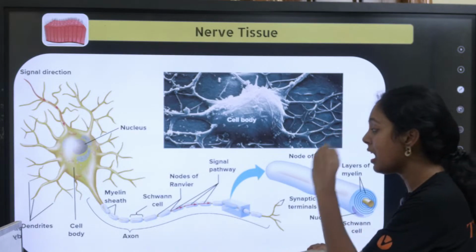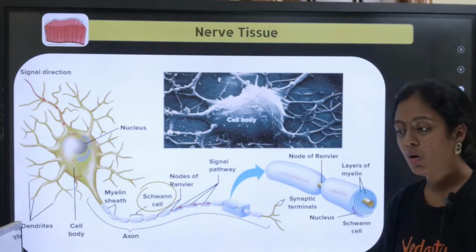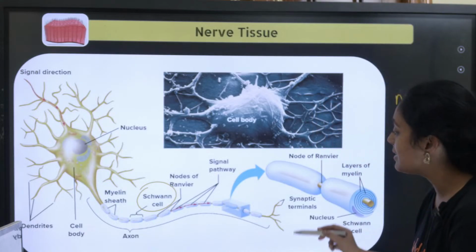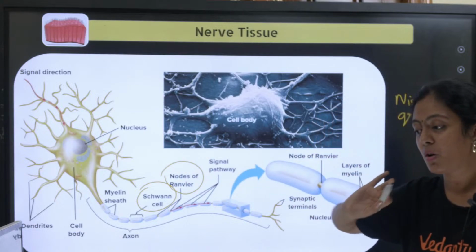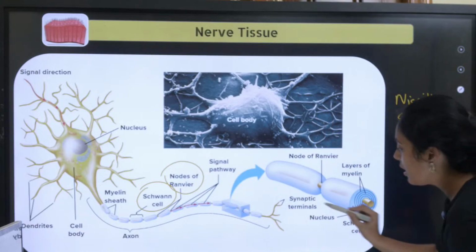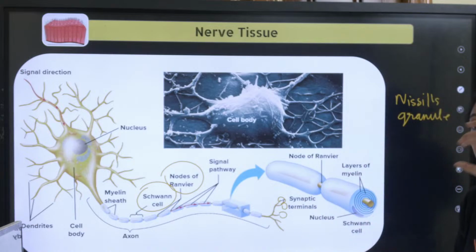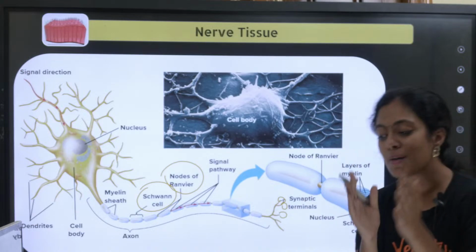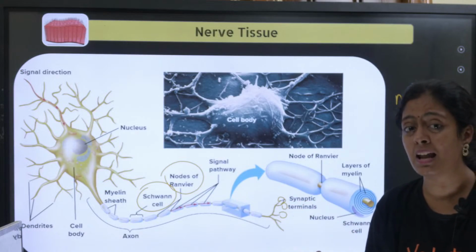The axons are surrounded by Schwann cells. The space between the Schwann cells is called the node of Ranvier. Okay, and this entire axon ends in a synaptic knob. And the space between two axons is called what, children?